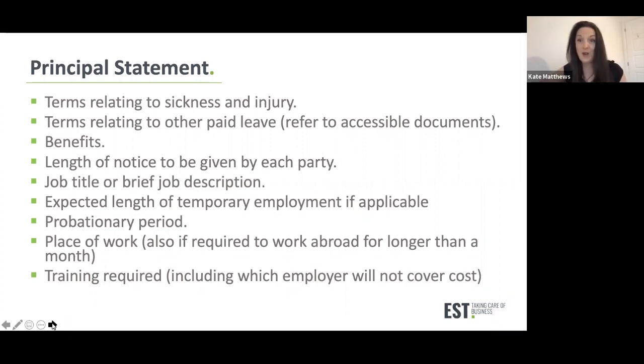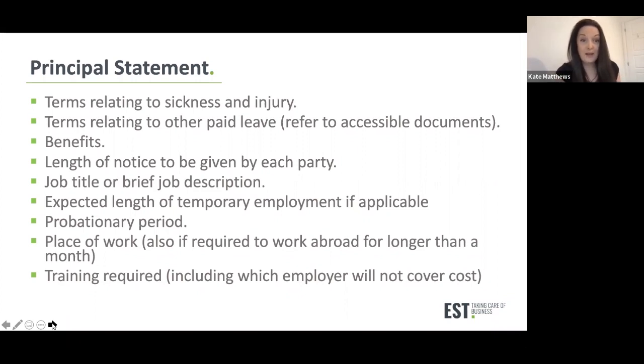Probationary periods don't actually have any legal definition, but they are a really good way of setting out the expectation from a contractual point of view that the first maybe 3 months or 6 months is probationary, where an employee's performance is going to be continuously monitored quite closely, and where at the end of that period you're going to make a decision as to suitability for ongoing employment.